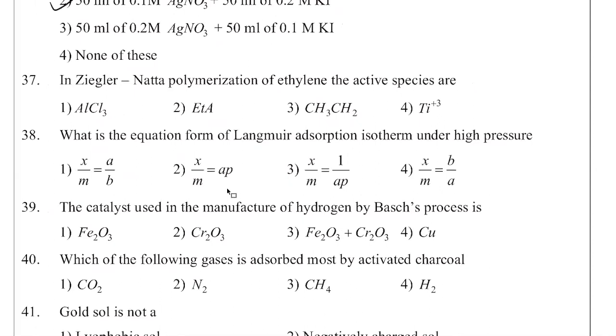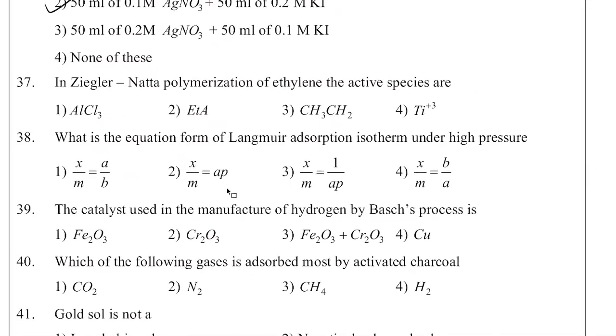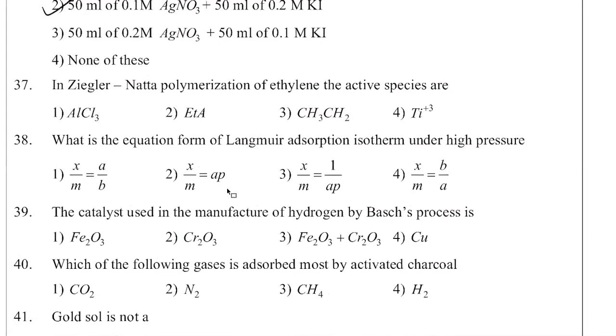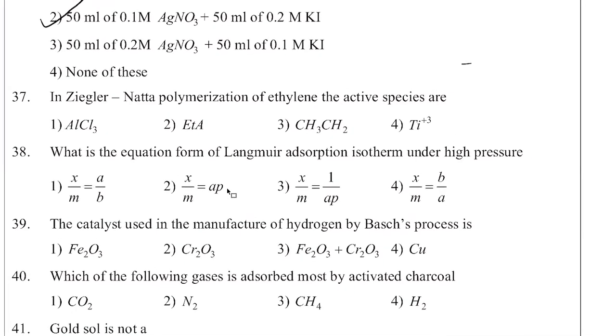Ziegler-Natta polymerization of ethylene. Okay, Ziegler-Natta is a shape-selective catalyst. That is the catalyst, which has TiCl4 plus AlEt3. This is the combination which it has.